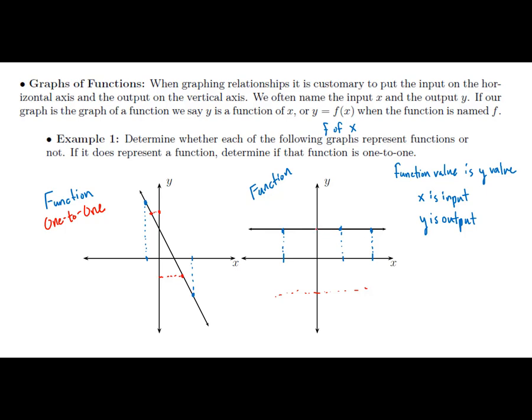Okay, but of course if I go right here to whatever this y value is, I can see that there are lots, in fact infinitely many x values that go with that particular y value, so then we would say it is not one-to-one.